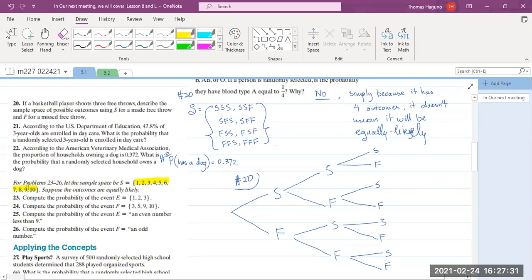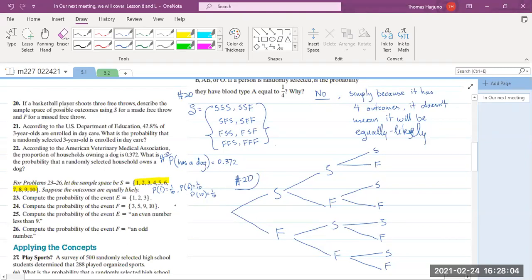If they are equally likely, what is the probability of having 1? Probability of getting 1 will be 1 over 10. Probability of getting 6 is also 1 over 10. Probability of getting 10 is also 1 over 10. Why? Because they are equally likely, each one of them has the same probability.